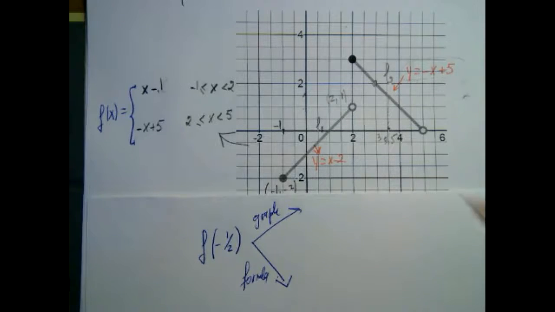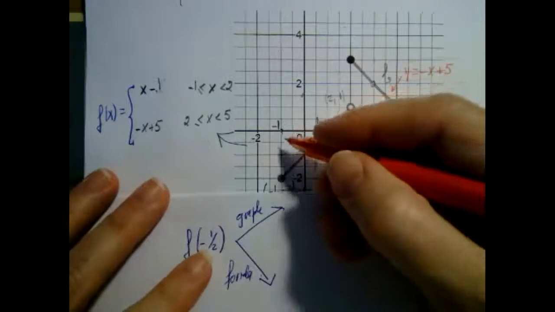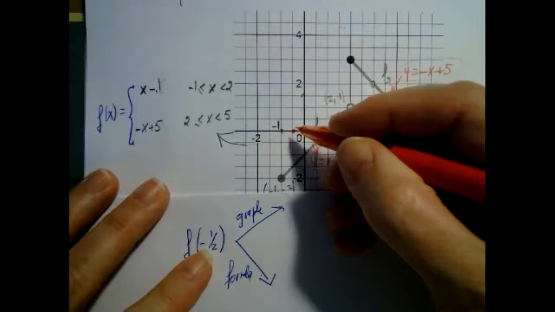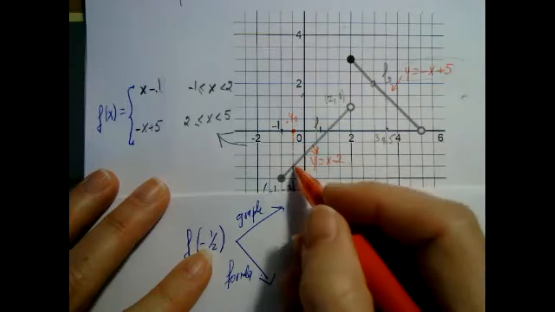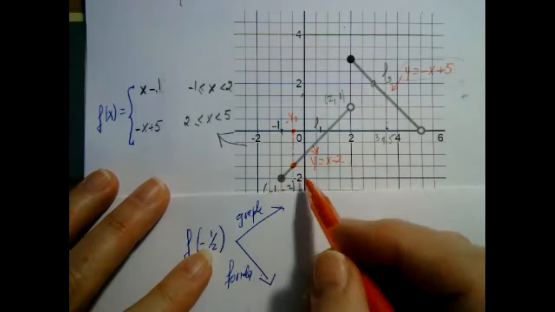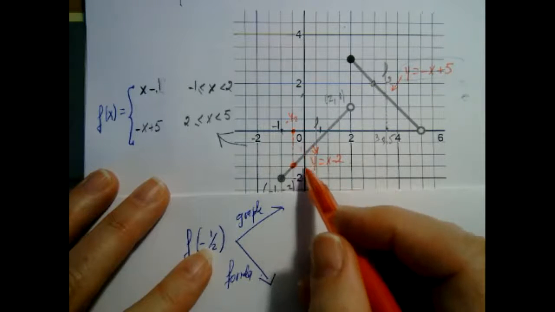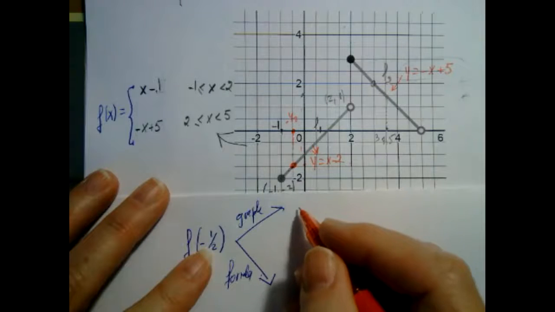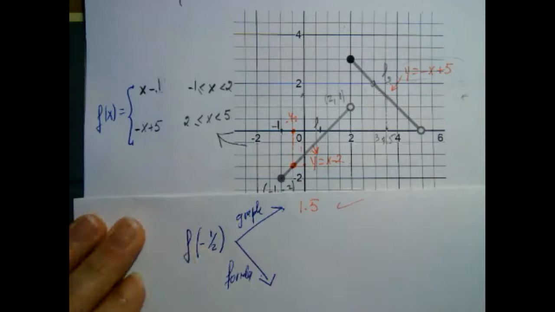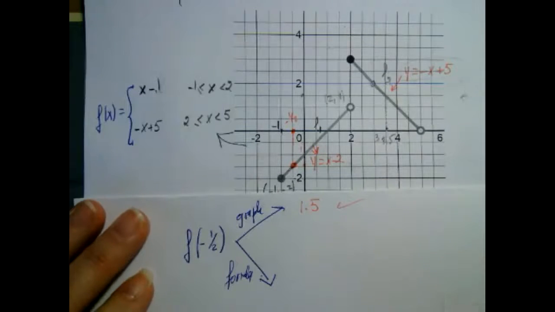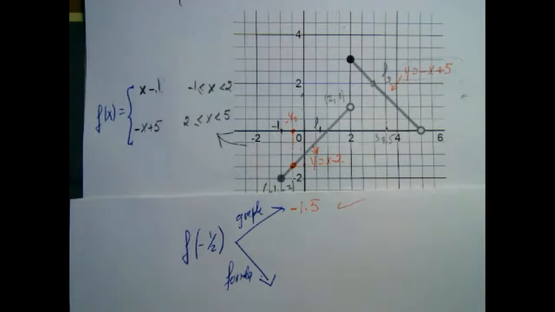Okay, let me take a red pen. This is f of minus 1. This is minus a half right there. I go down up to this point. If this is 2, this is a 1, this is 1.5. So the graph tells me 1.5. Now, does my formula tell me also 1.5?